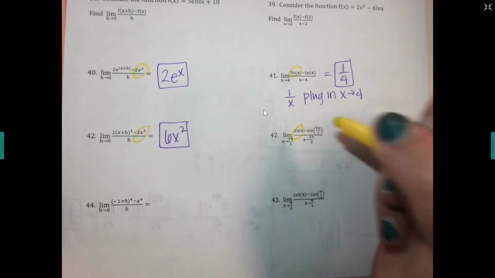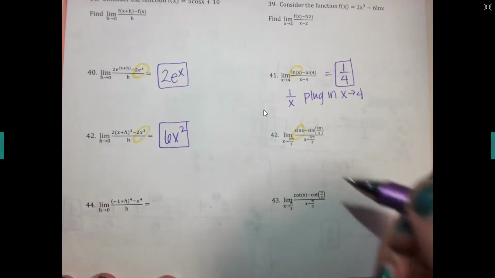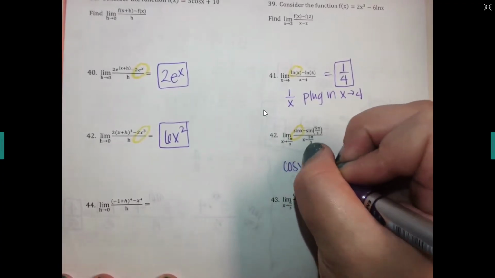Okay, let's say we're doing 42. What's your function? Sine x. What's the derivative of sine x? Cosine x. And then I'm going to plug in 5 pi thirds. So then find your pi thirds finger. That'd be your pointer. Cosine's up or down? Up. So it'd be one finger would go to a half, but then you'd have to check the quadrant thing.